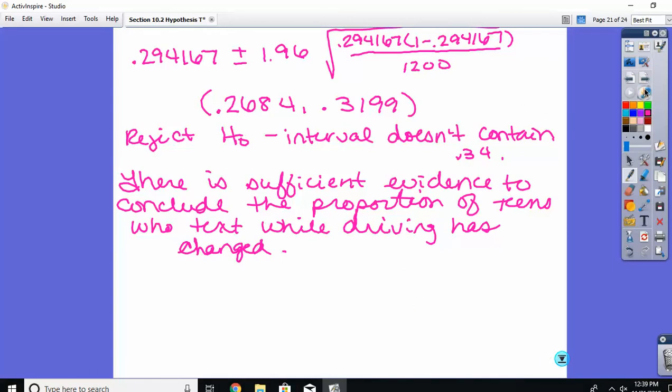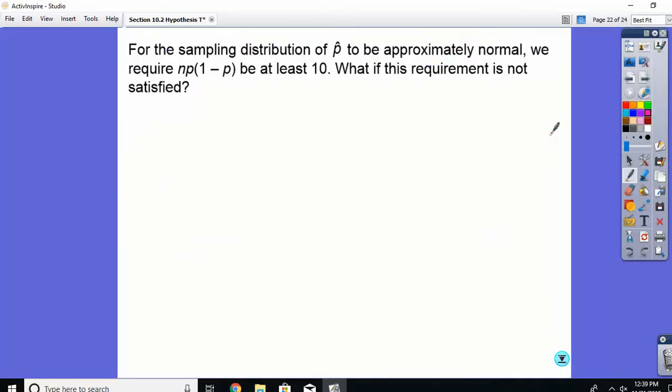The last thing I want to talk about: I've been making you check the n times p times 1 minus p every time, and it's always worked. But if it doesn't, then we cannot assume it's normal. What we have to do is go back to the binomial distribution that we used like 2 chapters ago.